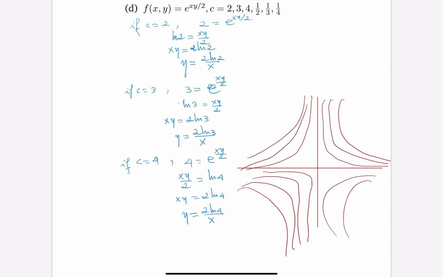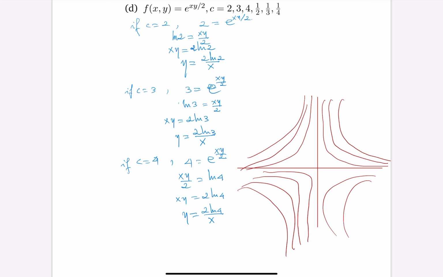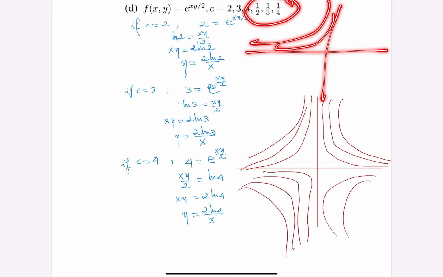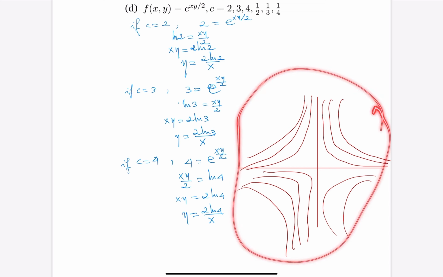Because from here to here, be careful, the graph will look like this, okay? Like this, sorry, like this. But from here to here, the graph will be the opposite, like this, okay? That's why the general graph will be like this.